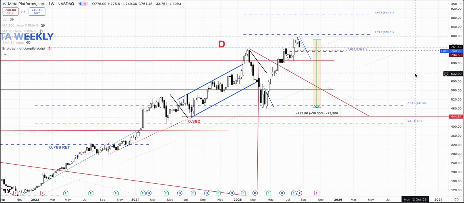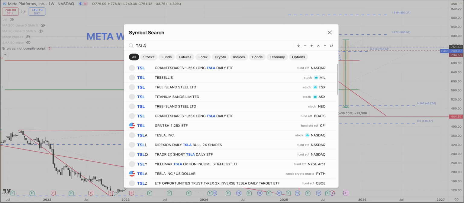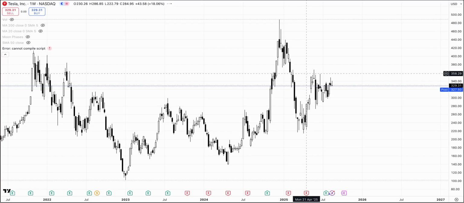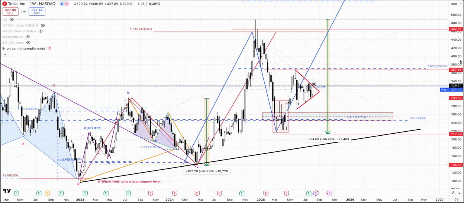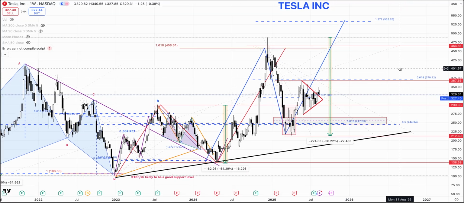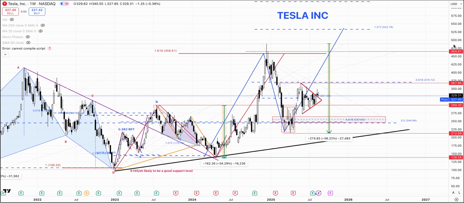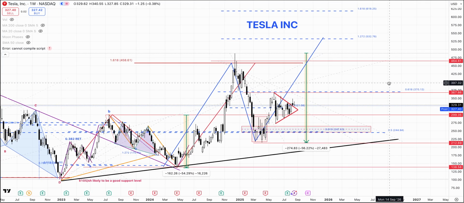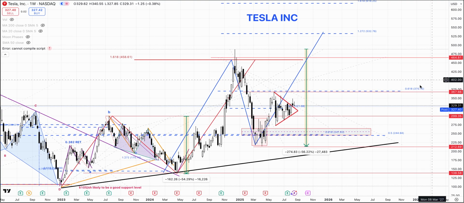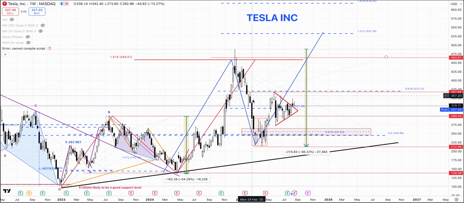Okay, for Meta, let's take a look at Tesla. All right, so for Tesla, what we have is basically a sideways market, a trading range for a number of months now. A month and a half, you can see that in this triangle right here.